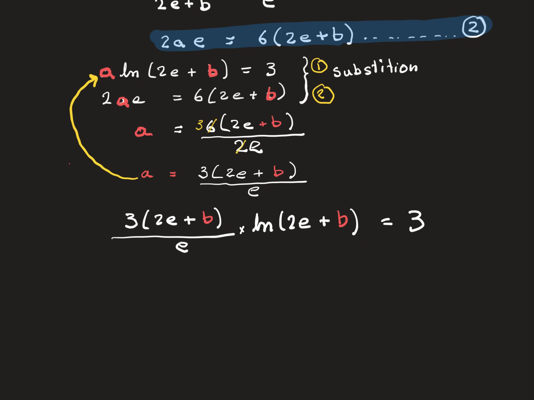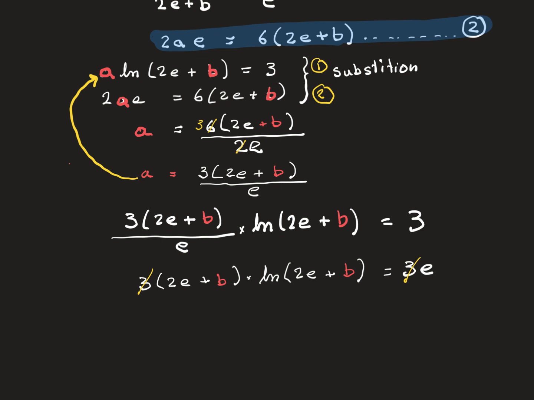So here we go. 3E, 2E plus B is equal to 3E. If you're able to see that that 3 and that 3 cancel out from both sides, that's excellent.